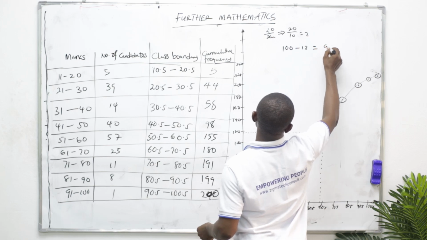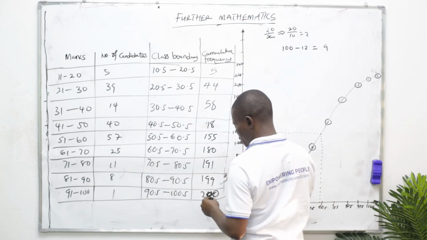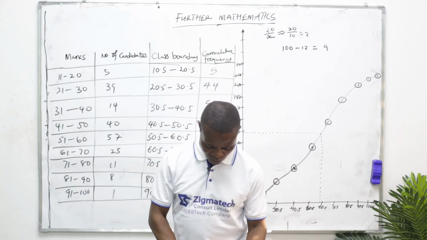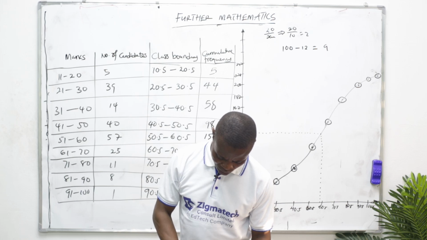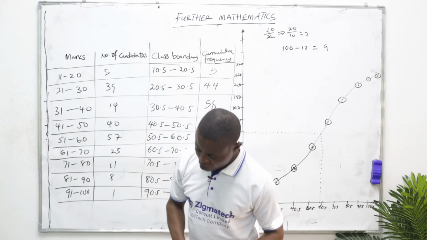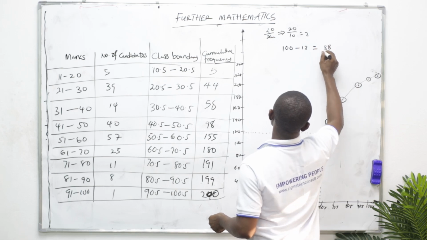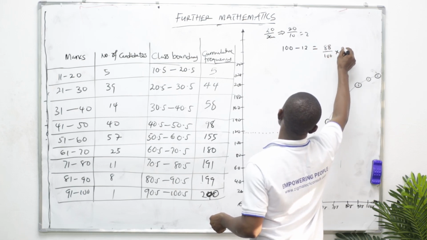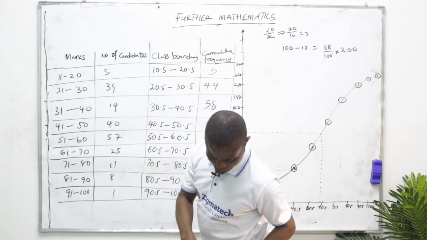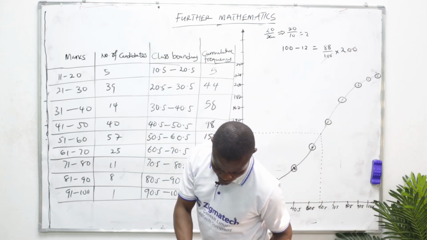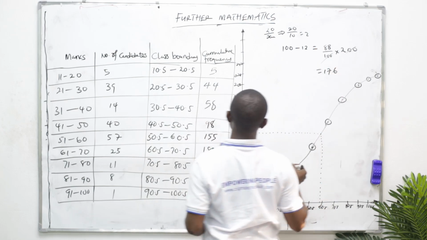How many did not pass? 88 did not pass with distinction. That's 88 over 100 times 200. That is 8 times 2 equals 176. You come back to your graph.